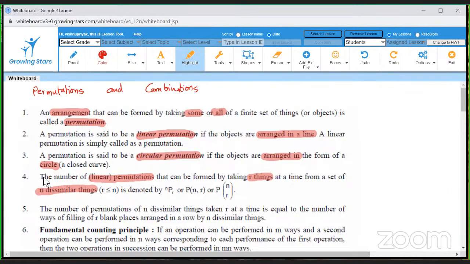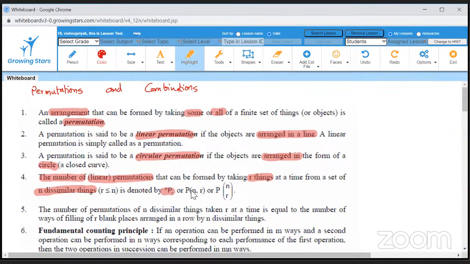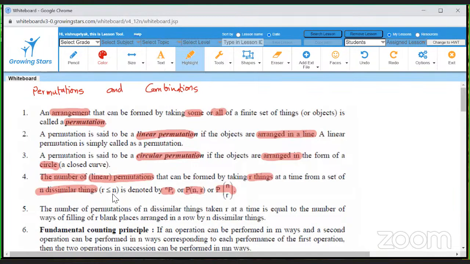The number of arrangements, the number of ways, is nPr, or it can be written like this, or like this. In total, you have n things. Out of n things, you are taking only r things and arranging them in a line. In how many ways can you arrange? That is written as nPr.